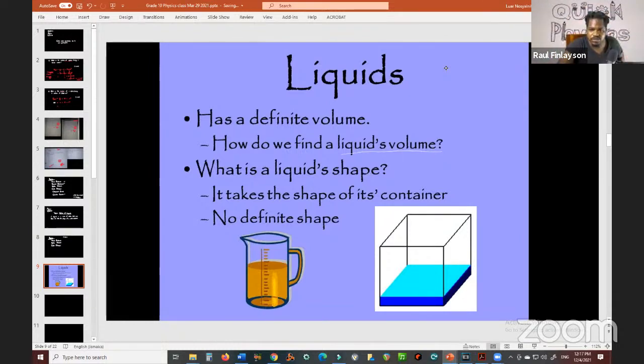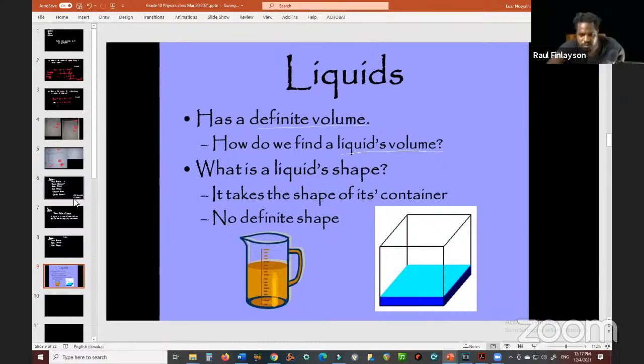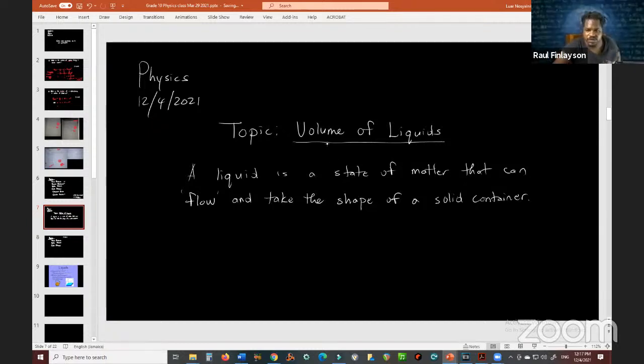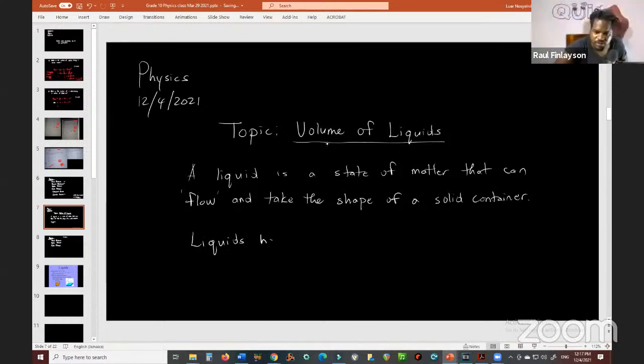All right. So then this is our definition here. Liquids have a definite volume.